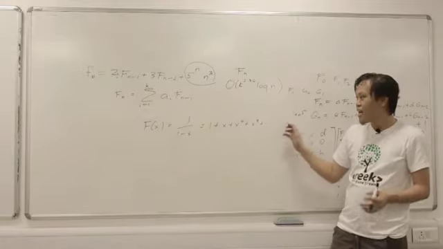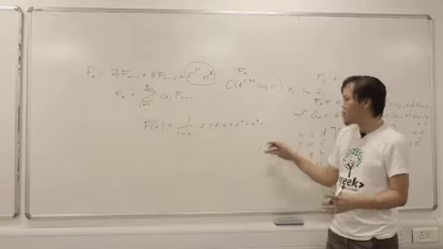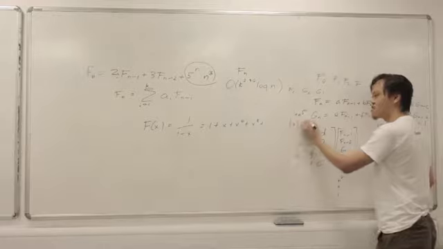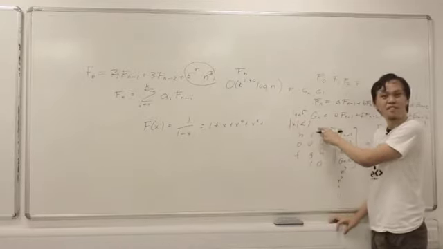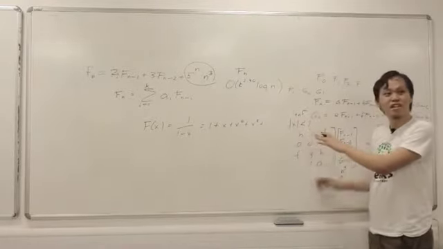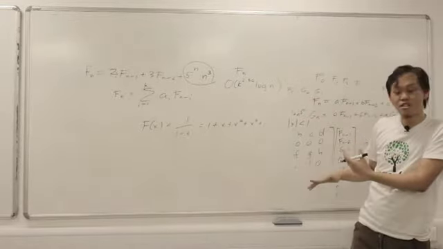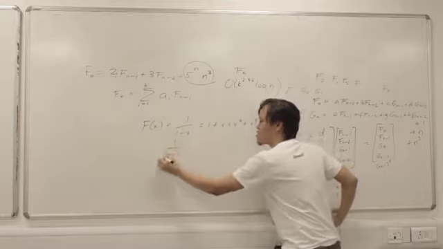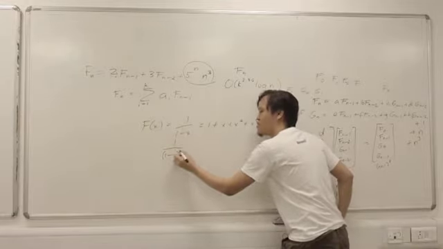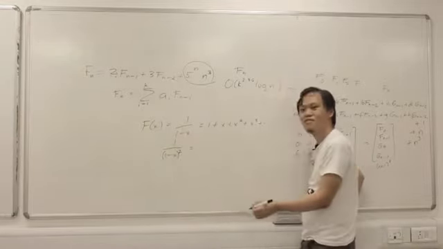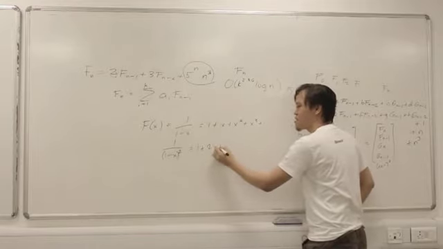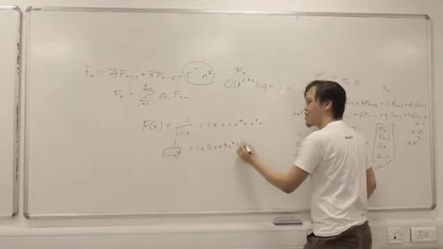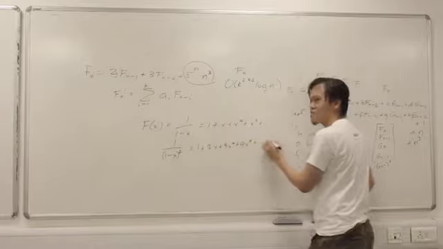A lot of functions do this. Also, of course, we have to consider convergence, but later on I'll describe that you can ignore the convergence conditions. Of course, you can try it for other functions as well. If you try it with 1 over (1 minus x) squared, you get something like 1 plus 2x plus 3x squared plus 4x cubed plus dot dot dot.